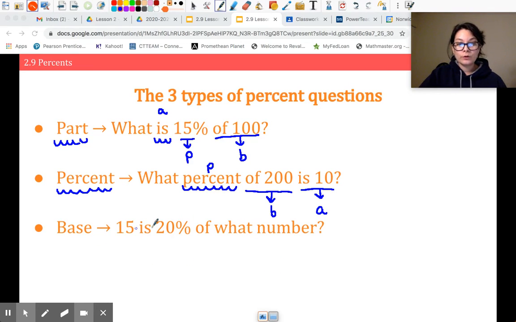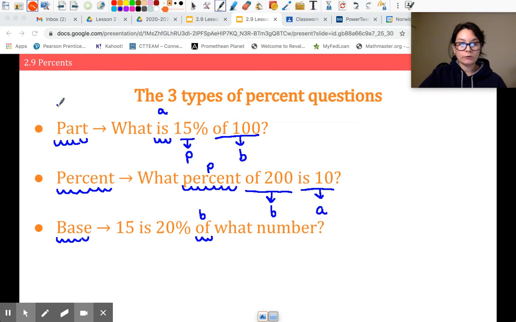And then if it's worded in this format, 15 is 20% of what number? So this "of what" part, this is what we're searching for. This is my base. So if we see the word "of," that's our base. So you may want to add those keywords in your notes along with what each typically represents.